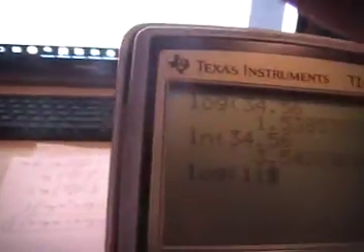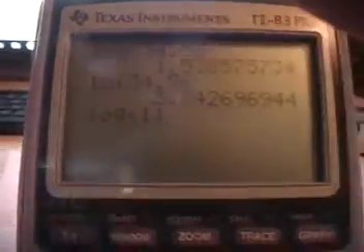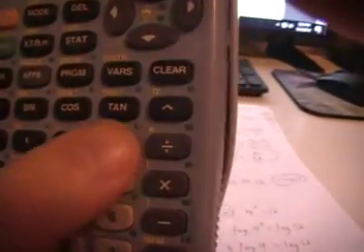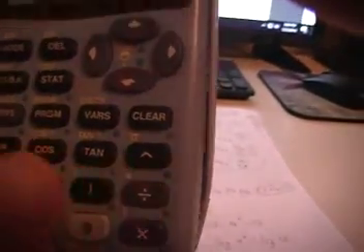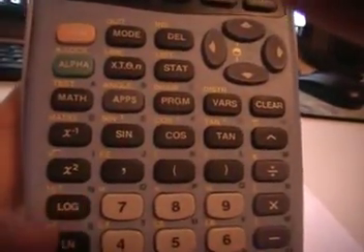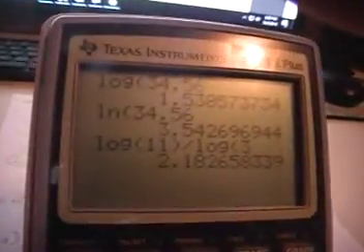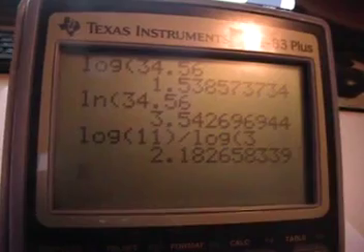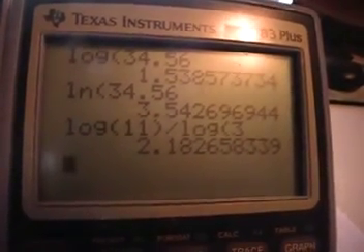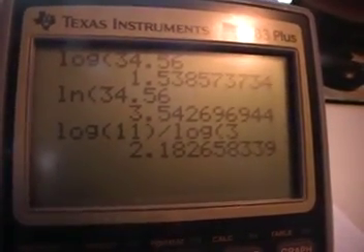Now when you hit log, a parenthesis pops up, so it helps to close the parenthesis first, then hit divided by, hit the log button again, 3. Log 11, close parenthesis, divided by log of 3. You don't have to close the second parenthesis because we're not doing anything else after that.